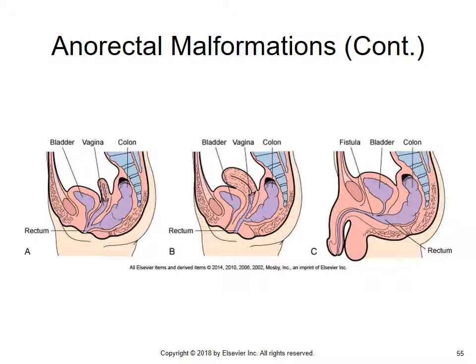On the second example with the female, it's just the vagina and colon that are coming out to the same hole. So that's a little less of a UTI problem there. And then on our example C with the male, the rectum is routed down through the urinary tract. So that's going to be a huge infection problem as well.